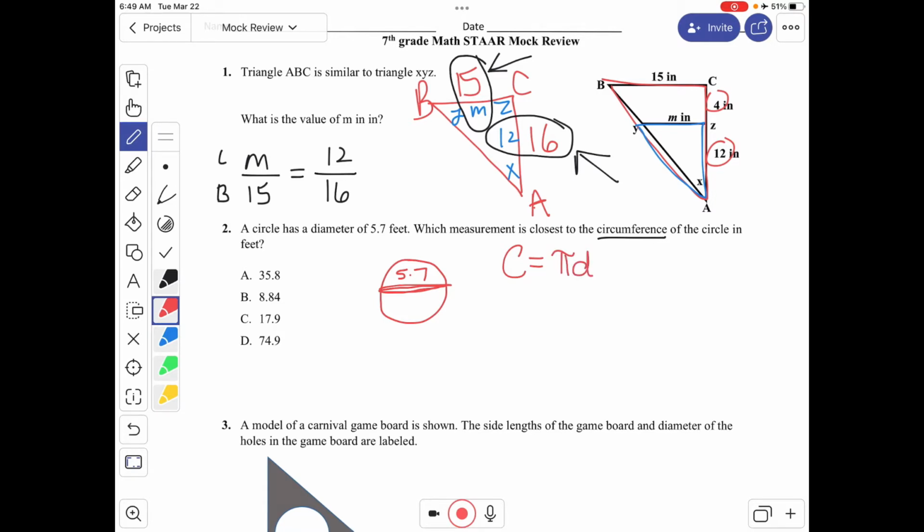One of them is pi times diameter, and the other one is 2 times pi times radius. Since they gave us the diameter, I think we should use the formula that has the diameter in it. Then all you have to do is plug in the numbers. The number we use for pi is 3.14, and the number we're going to use for the diameter is 5.7. And you can solve from there.